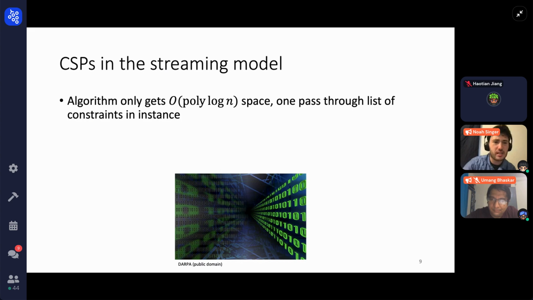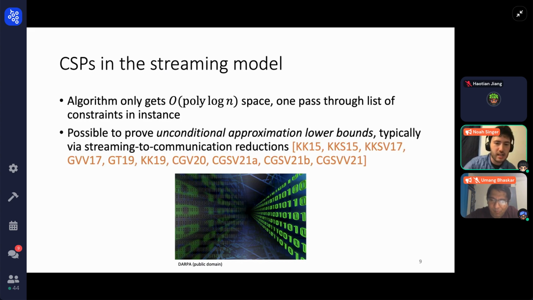The reason this model makes sense to study is that there's been a recent line of work which has proven, for various CSP-like problems, unconditional approximability or inapproximability results, typically via reductions to communication games. So the question is, in this limited model of polynomial-time-esque algorithms, what can we get in terms of inapproximability for ordering CSPs?